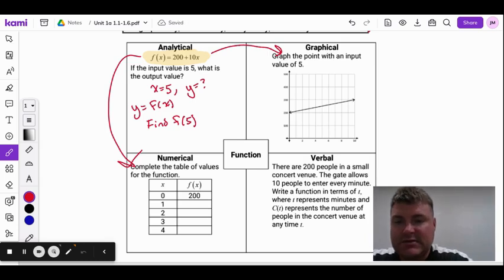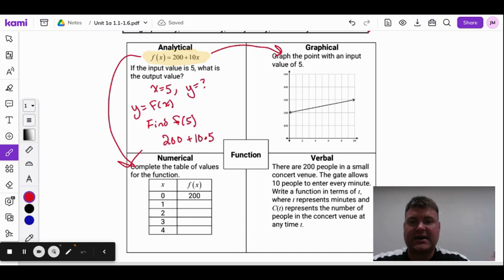So all we're going to do is plug in 5 into our function right here, 200 plus 10x. So 200 plus 10 times 5. That's going to equal 250. Okay, so that's the analytical representation of a function using input-output values.